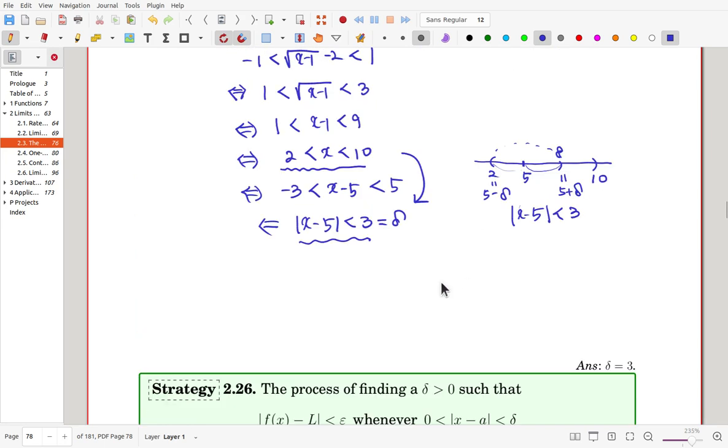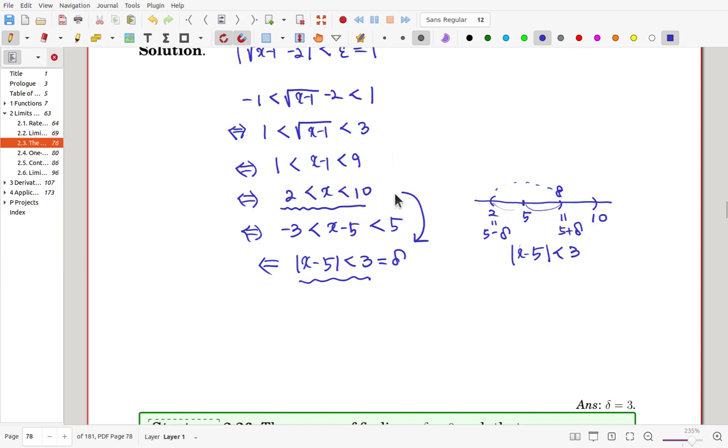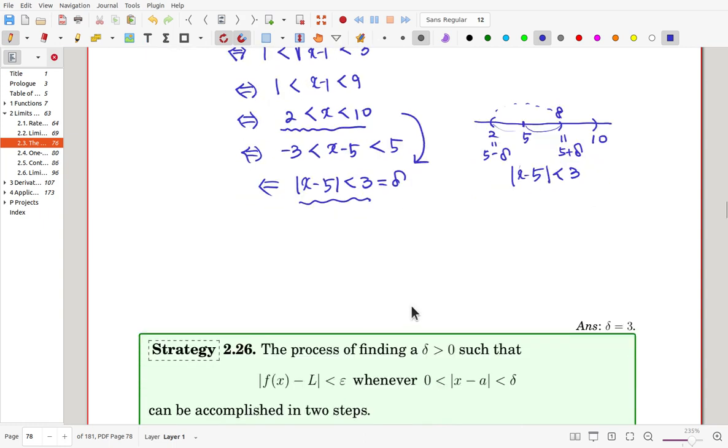So by using exactly this strategy, we solve the problem. So here, finding delta is not a big problem. And of course, we chose delta 3, but you can choose less than 3. It doesn't matter. If you choose delta as 4, then you have a problem. But if you choose delta as 2 or 1, then it will also work. Okay.